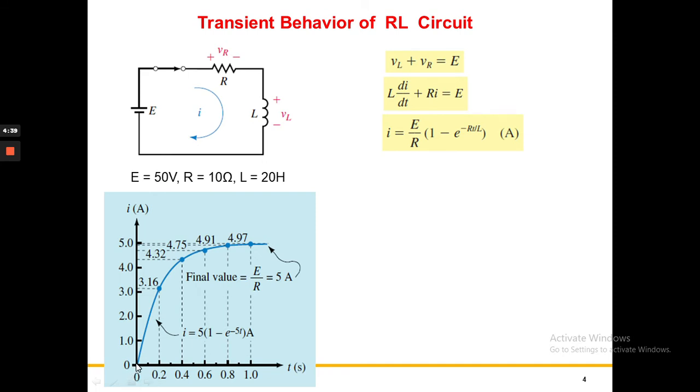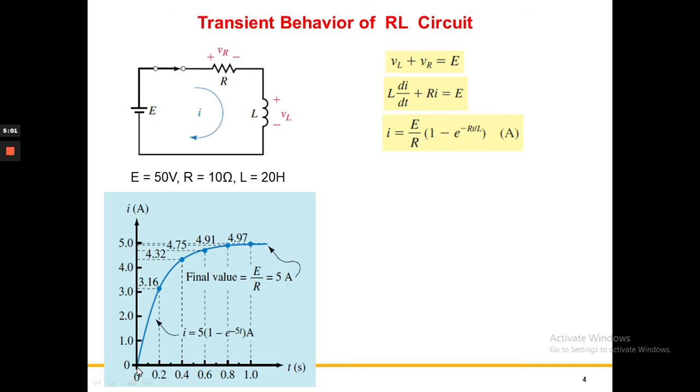The current will start from 0, because when you suddenly apply a voltage to an inductor, it will always oppose change in current through it, so it will act as an open circuit.